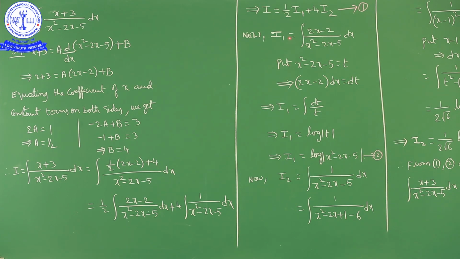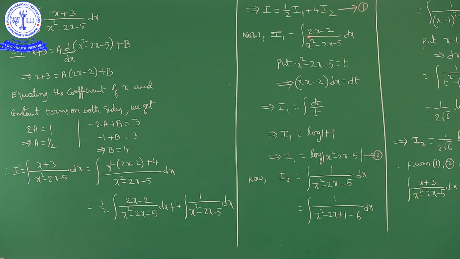Now what is I1? I1 is integral 2x minus 2 upon x square minus 2x minus 5 dx. Here the numerator is the derivative of the denominator. So I will put x square minus 2x minus 5 as t. Now the derivative: x square derivative 2x, minus 2x derivative minus 2, dx equals dt.